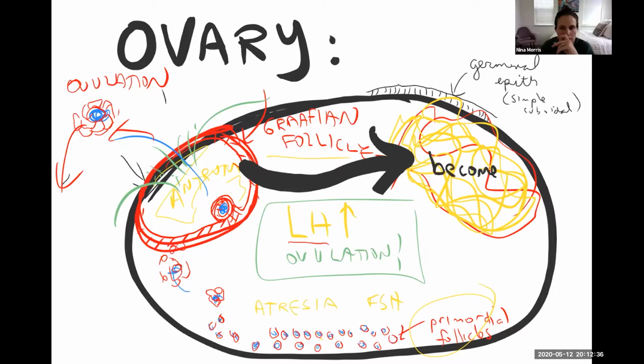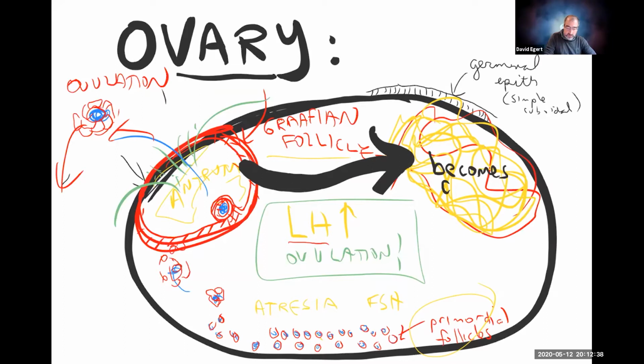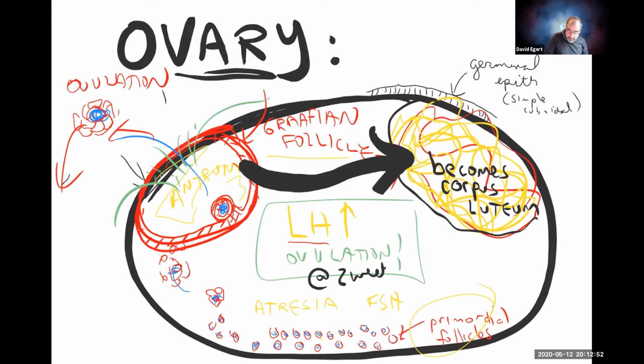This is all still in the ovary? Yes, this is all in the ovary. So this is 2 weeks in, at 2 weeks into the cycle.